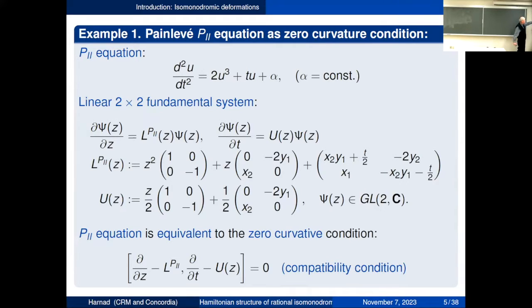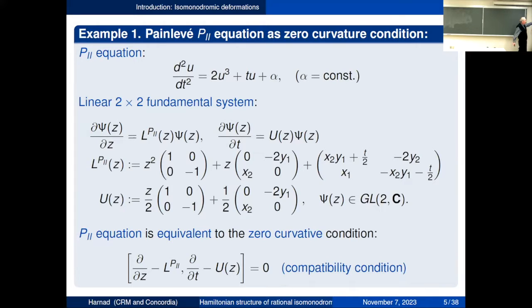What we have here is a 2x2 matrix. This is a fundamental system. So we have a first order linear system for a two-component vector, and the space of solutions is two-dimensional. So we have two linearly independent solutions. And this is a fundamental solution consisting of an invertible matrix whose columns are two linearly independent solutions to the same equation.